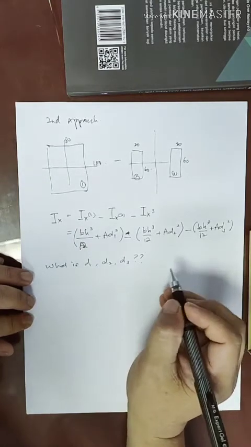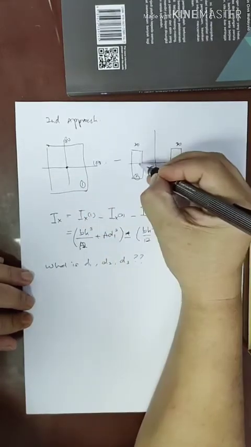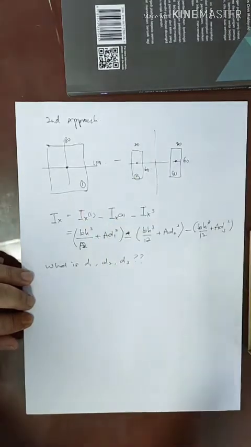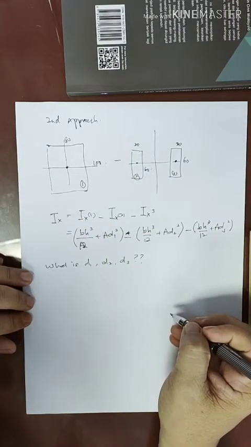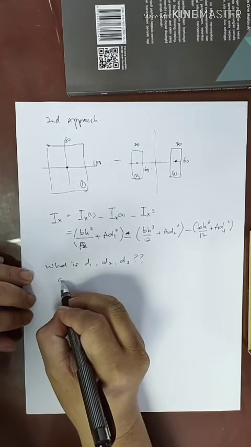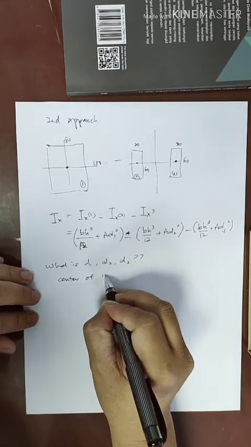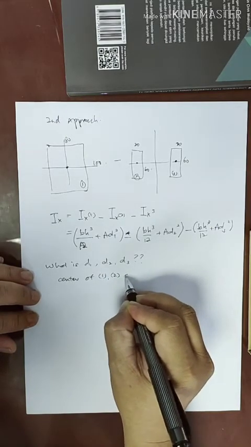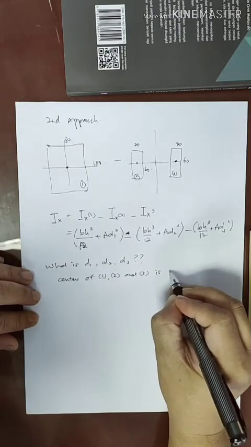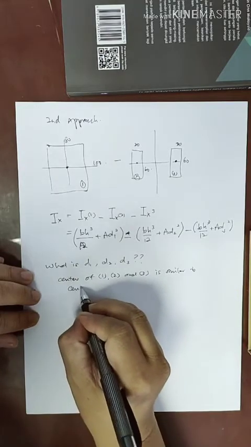In this case, all the points happen to be at the same centroid point. So the center of 1, 2 and 3 is similar to the centroid.